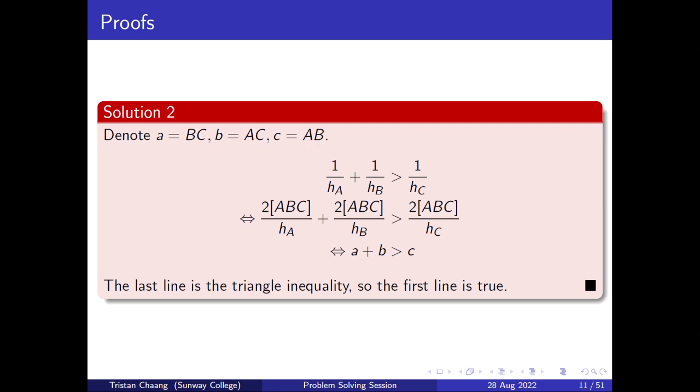So here I can write: multiply both sides by 2 times the area. That's reversible, of course, because if you want to go backwards, you just divide by 2 times the area. And then you just say that the first term is equal to a, the second term is equal to b, and the third term is equal to c. So the first line is equivalent to the last line, but the last line is true. So that means the first line is also true. So that's another way that you can write a proof.